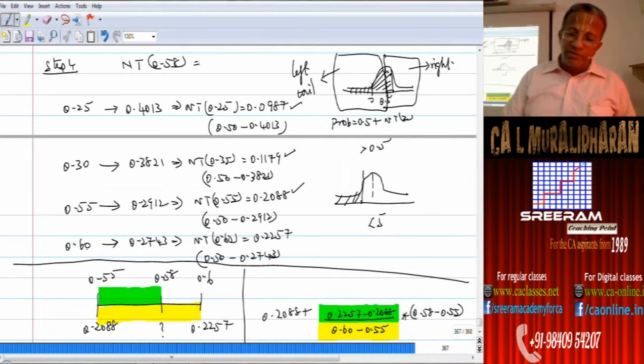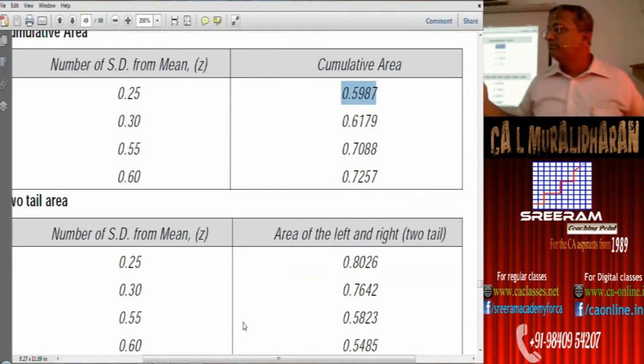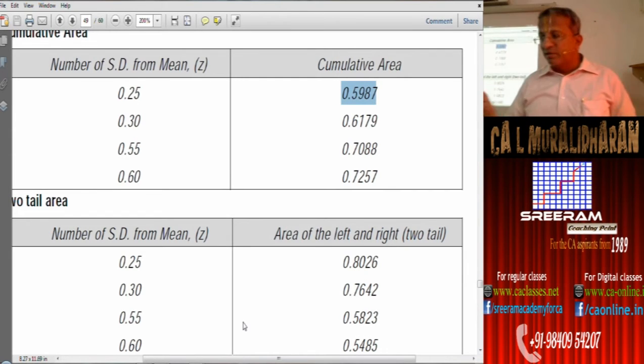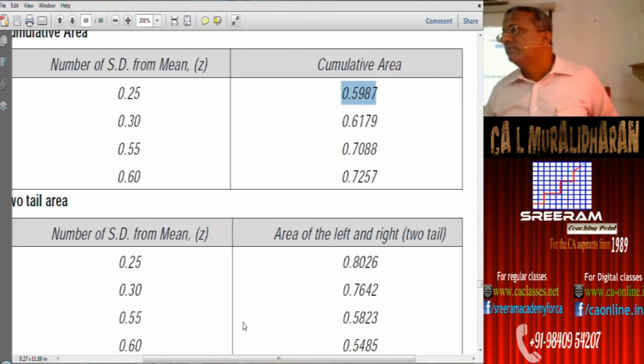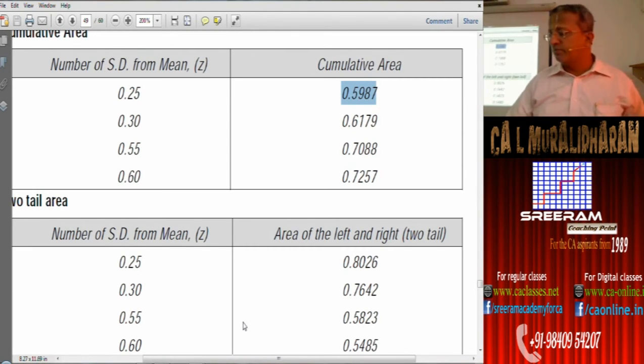Can you tell what should be the area for 0.6? Area for 0.6 will be 0.7257. Is that clear? Simple only. But you learn this way also as how to arrive at the normal table. The rest of it I would consider as similar to any other problem. Okay.